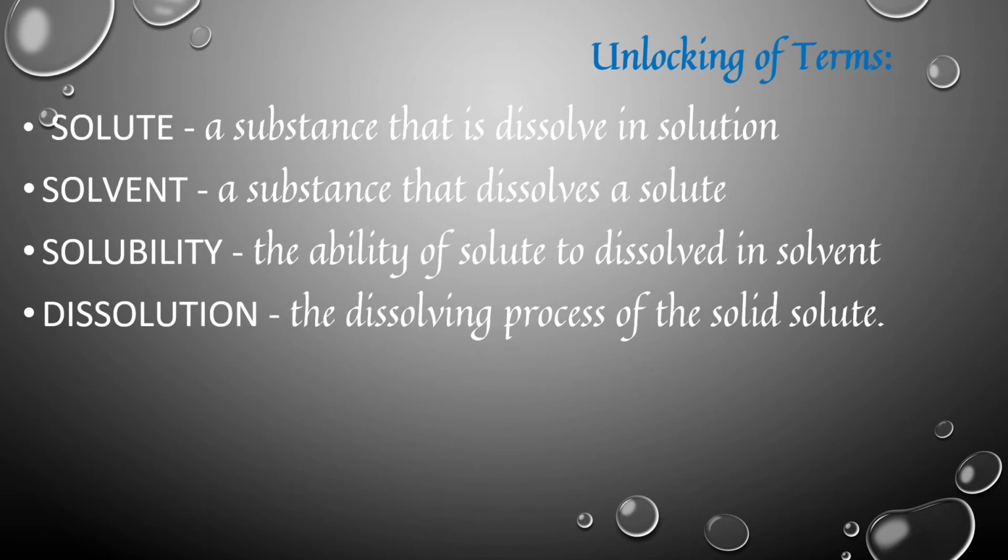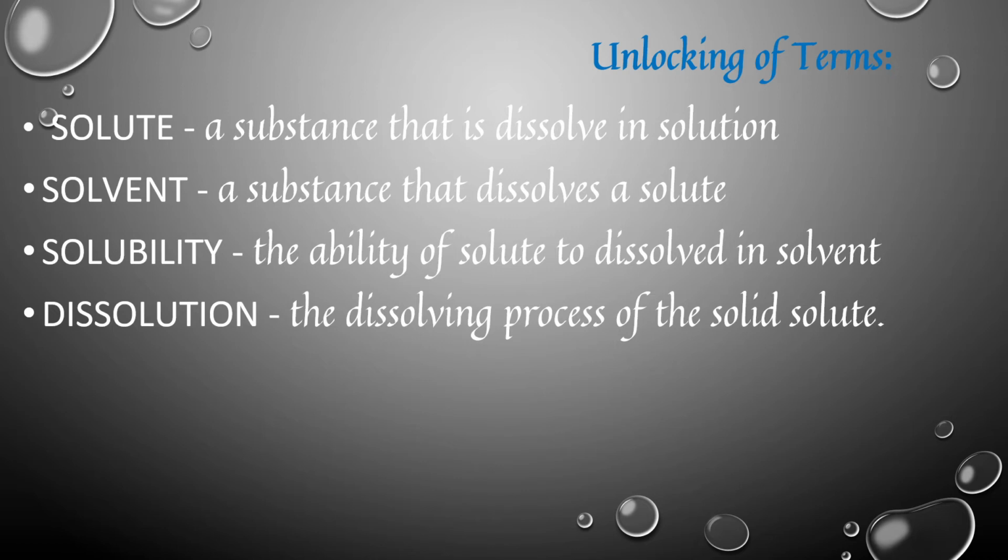Meron din naman tayong mga characteristics such as solubility at saka dissolution. Pag sinabi natin solubility, ito yung ability ng solute na matunaw sa solvent. Pag sinabi naman natin dissolution, ito naman yung the process of dissolving the solid solute dun sa mixture.